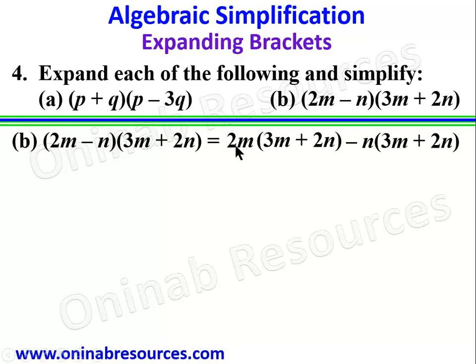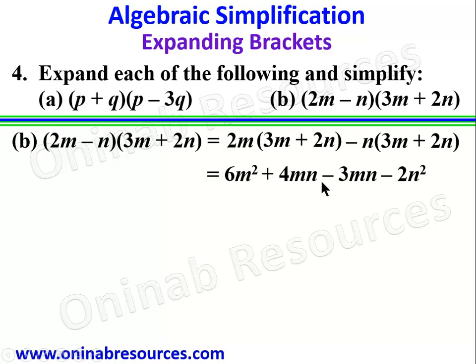Then we expand properly now. 2m times 3m gives 6m squared. 2m times 2n gives 4mn. Negative n times 3m gives negative 3mn. Negative n times positive 2n gives negative 2n squared.